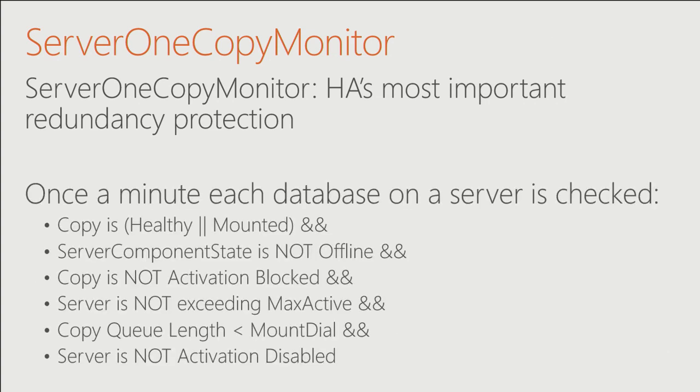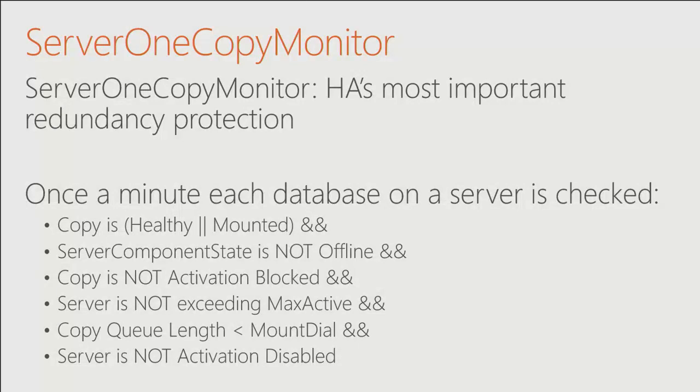And there are pretty strict rules which we follow to treat a database copy as healthy or otherwise in the context of redundancy. First of all, the copy must be healthy or mounted in order to be considered a sufficiently redundant copy. A server that hosts this copy should not be in offline mode, or it should be online.